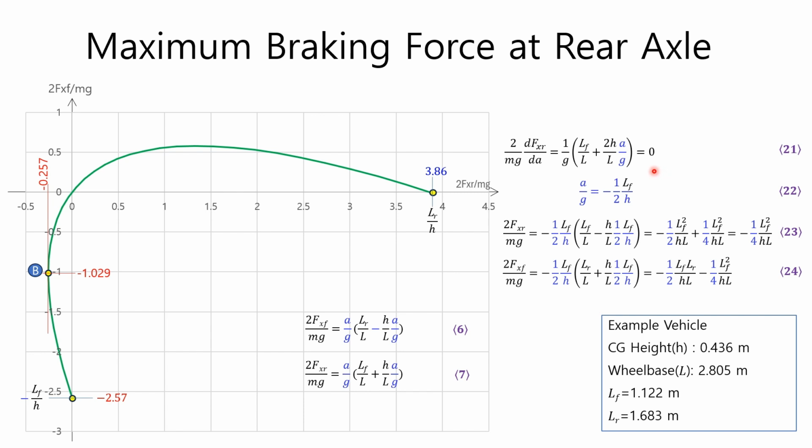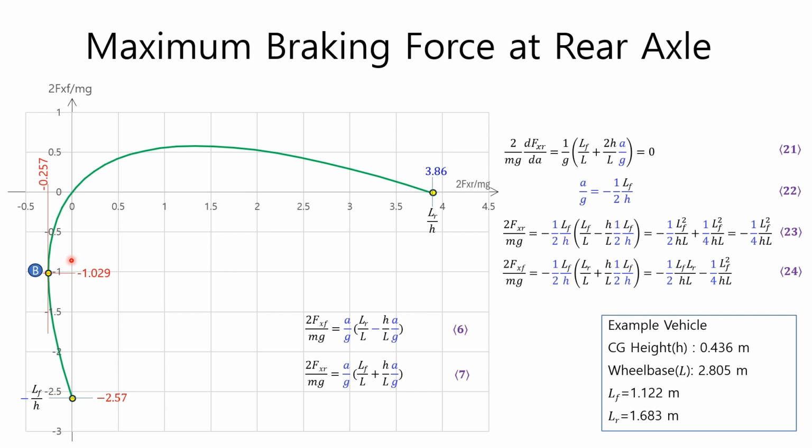If equation 21 is solved for g units, equation 22 is obtained. If the g-unit expression of equation 22 is substituted into equation 7, equation 23 can be obtained, and this result represents the maximum braking force of the rear wheels.